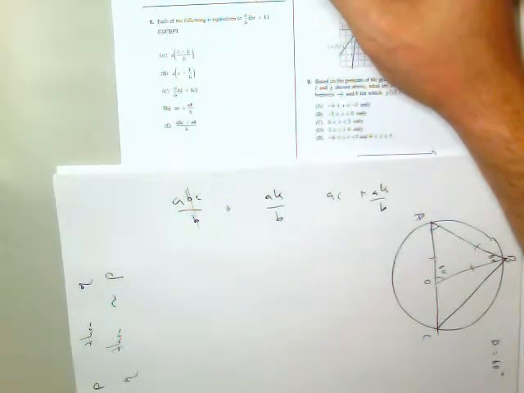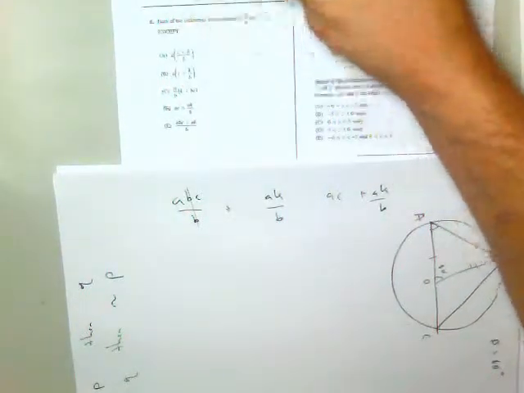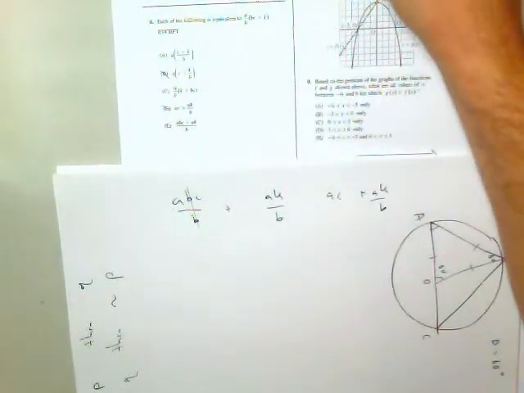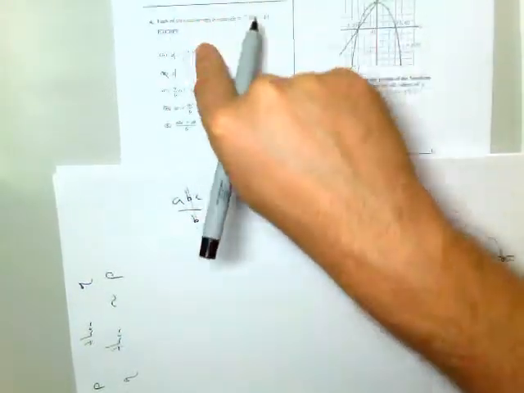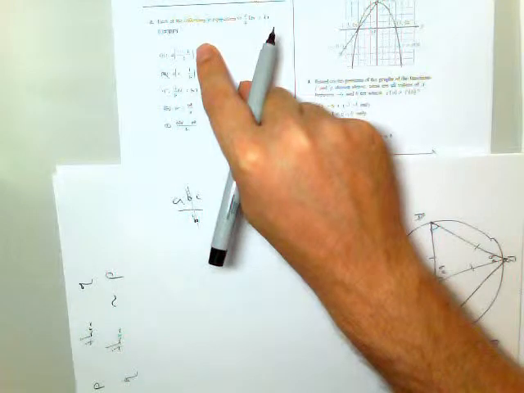If I factor an A out, I get C plus K over B. I get this one. And these two are not equivalent, so I'm going to go A on this one.